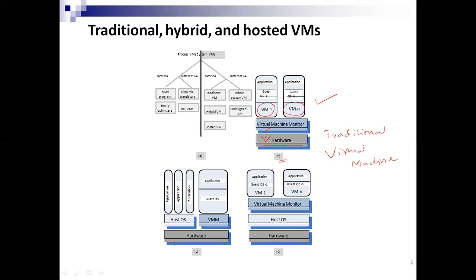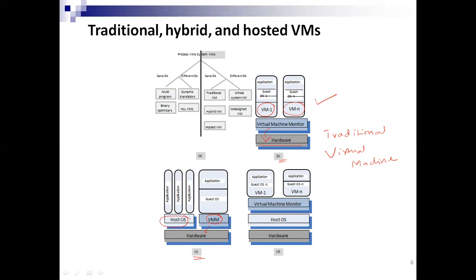Next we have the third one. What is the third one? That is the hybrid virtual machine. Just look at the third one. In a hybrid virtual machine, the virtual machine monitor shares the hardware with the host operating system. So what happens here? The virtual machine monitor shares the hardware, and this hardware is shared by the host operating system as well.